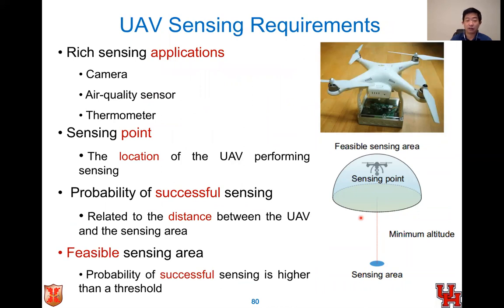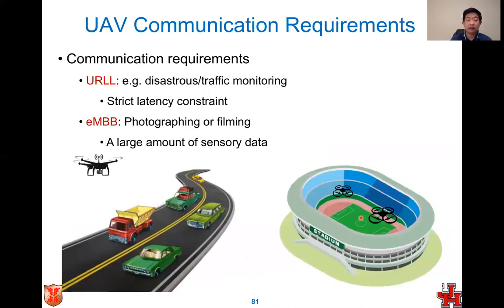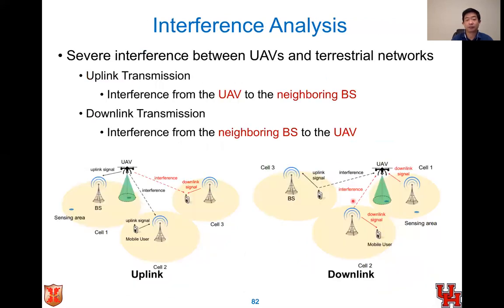And also they can go to the important area to reduce the latency, or they can go to some places around the stadium. There are so many people using wireless phones, so the local base station is not good. So the UAV can be used as a local, flying base station, to increase eMBB, try to increase the capacity.